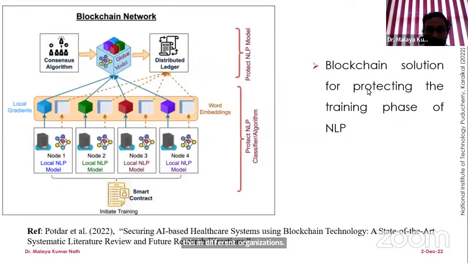Here, this blockchain solution for protecting the training phase of natural language processing involves different nodes collecting the data, and the local gradient, which performs the work of word embedding, and the consensus algorithm is present, which works on the global model as well as the distributed ledger. So it consists of the protected NLP classifier, the algorithm, as well as the protected NLP model.